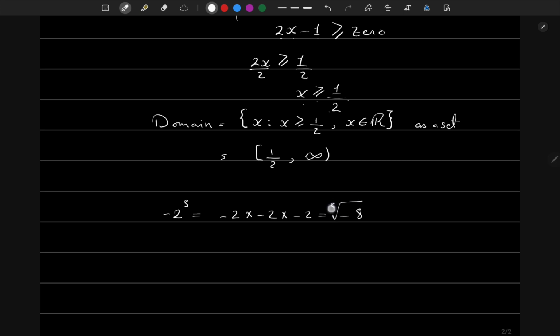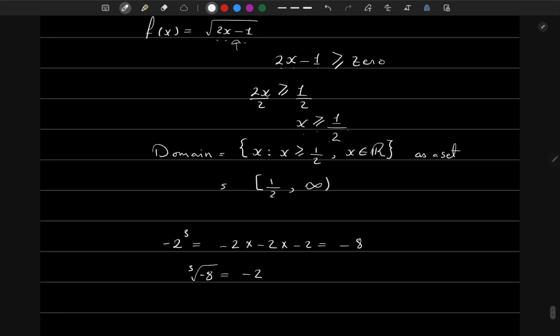So if I have the cube root, or the third root, of negative 8, there is an answer for that. The third root of negative 8 is negative 2. So if the function is under a third root, I don't have to do this. Okay, what if it's under a fourth root?